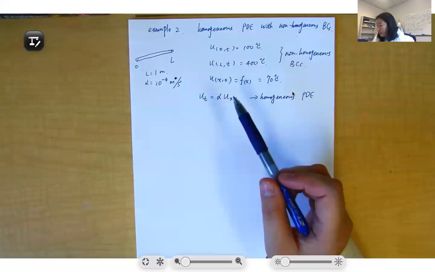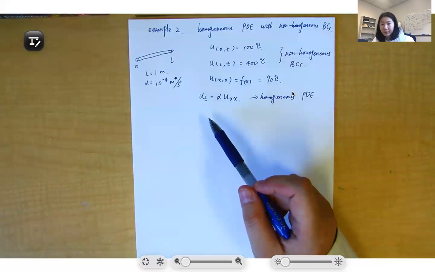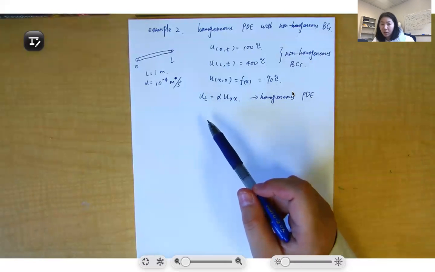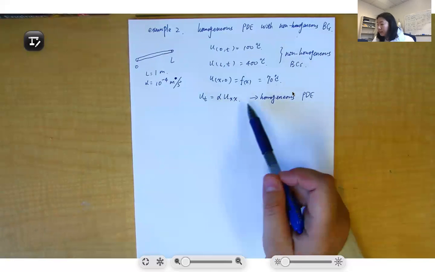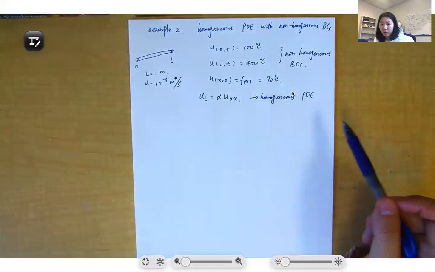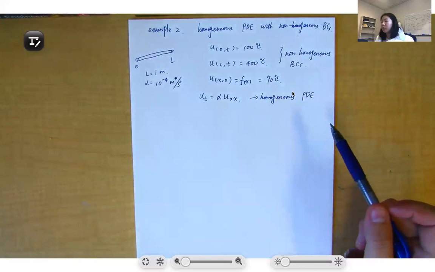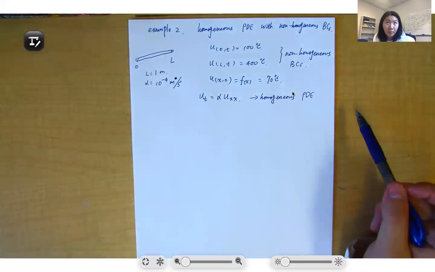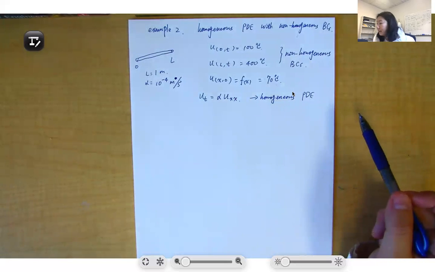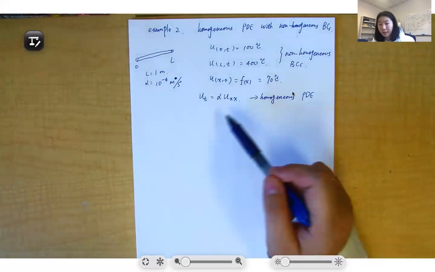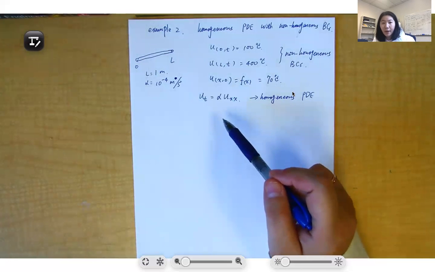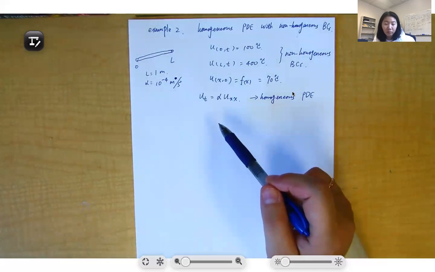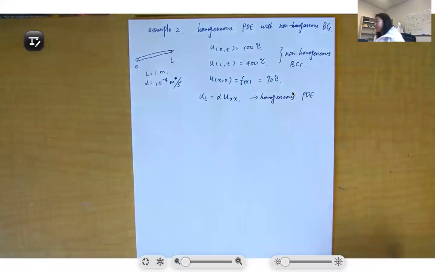The density, the heat capacity, and thermal conductivity of the rod are constant. They're not changing as a function of space or time. So we can derive this 1D heat equation, which is a homogeneous PDE. Just always remember the assumptions of deriving this mathematical equation from the physical properties, and always check whether your assumptions are valid for this problem or not.